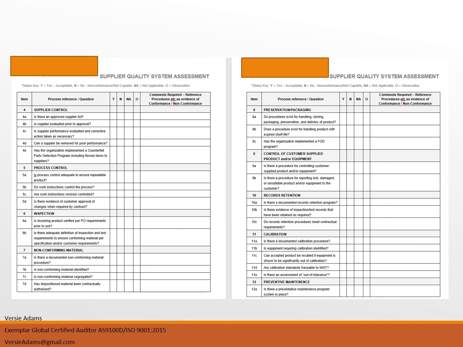So again, this is an example of a supplier quality system assessment that many organizations incorporate into their quality management system in order to evaluate their current or potential suppliers.